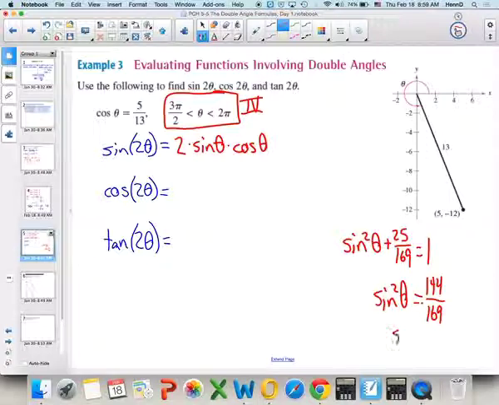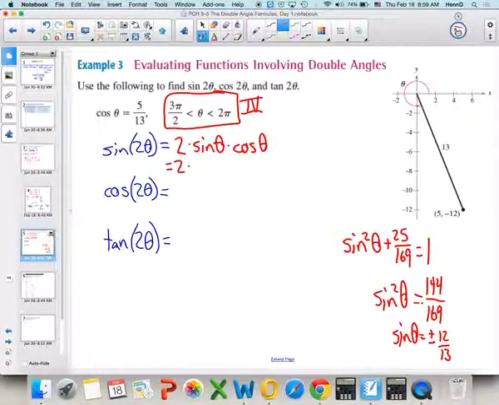So what does sine equal? Square root of that, so it'd be 12 over 13. Yeah, plus or minus 12/13. Okay? And by the way, if I am in the 4th quadrant, which one am I going to use? The minus one.